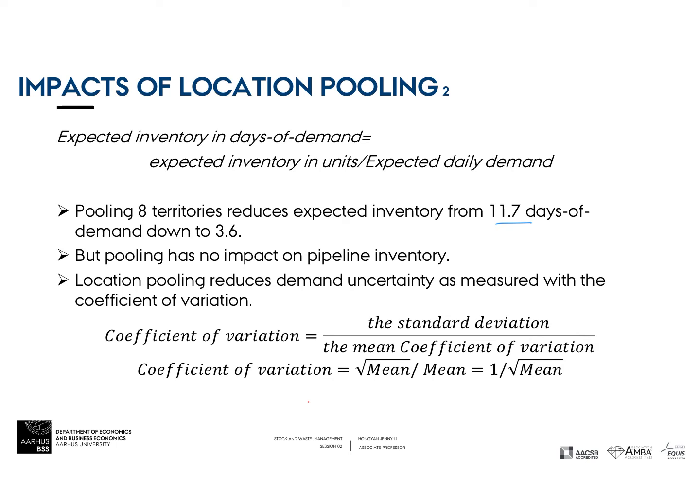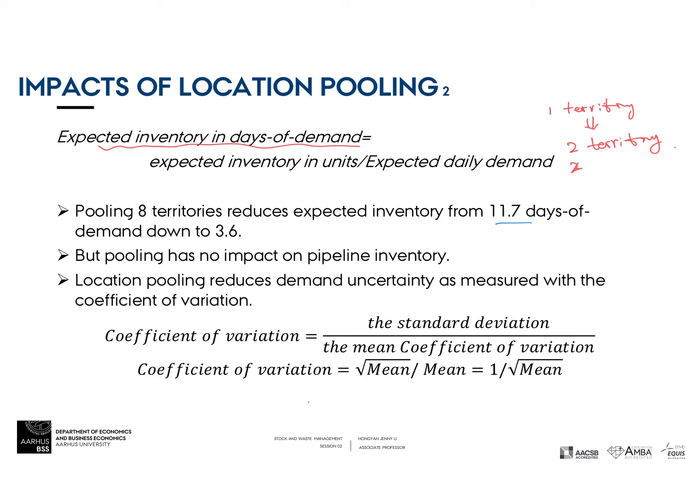To summarize the impacts of location pooling, first, we can see the main benefit is expressed by expected inventory in days of demand. For example, if you merge from one territory to two territories and share the inventory, then the expected daily demand will increase.